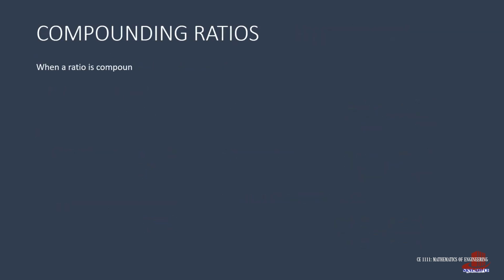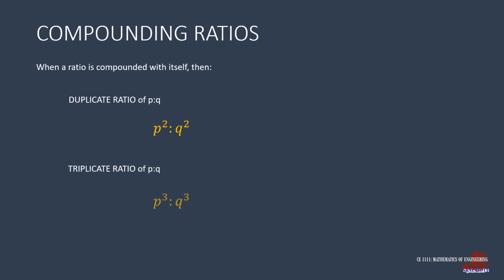What would be exponents and roots of ratios? These are called compounding ratios. Duplicate ratio of P and Q is then P squared is to Q squared. Triplicate ratio makes P is to Q as P cube is to Q cube.